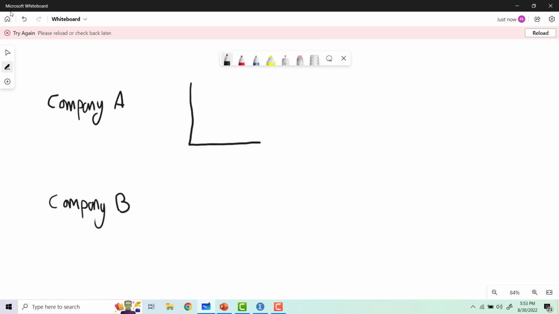Both companies have maybe an average review score of 70. So both kind of have an X bar around 70.